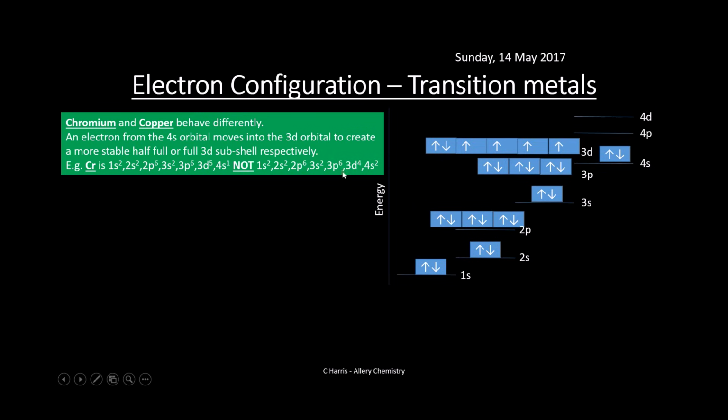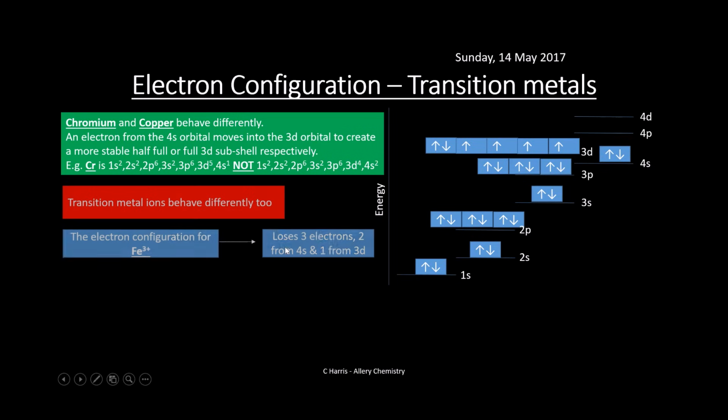Now, it's not this where you've got 4s2, 3d4. The electron in here would actually jump into this 3d and create a half-full d subshell, which is 3d5. So it's really unusual. Just make sure you look out for that.